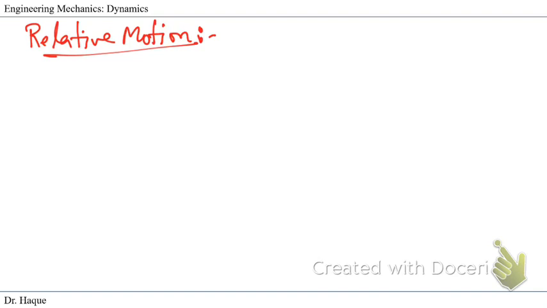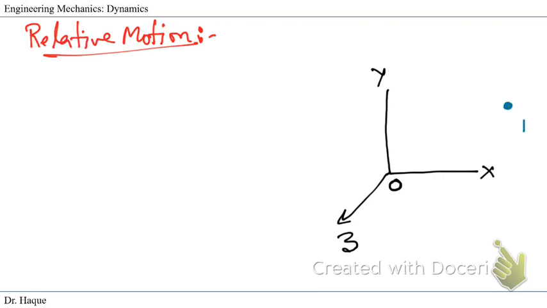For example, we have a basic observed point, our origin, and coordinates x, y, and z. If we have one particle, for example B, moving in a curvilinear path, and we have another particle A, which is moving in this direction.